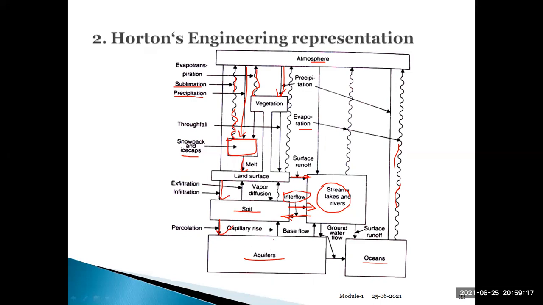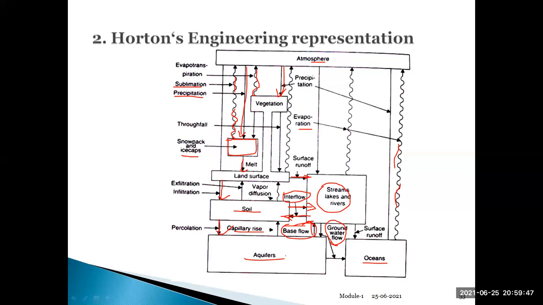The flow of water through the groundwater reservoir is called groundwater flow. The flow from a groundwater reservoir back to the rivers and streams is called base flow. When water reaches the soil again against the force of gravity, it is called capillary rise.